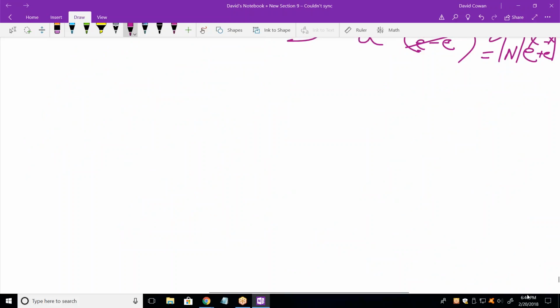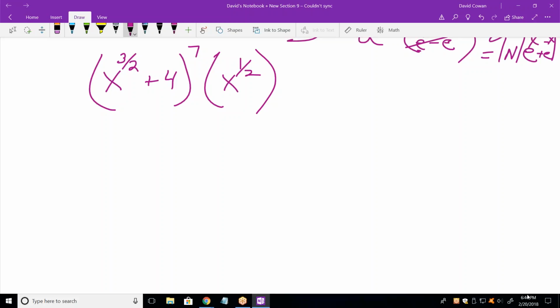Okay, so I have the quantity x to the 3/2 plus 4, all to the 7th power, times the square root of x. Now notice something immediately.